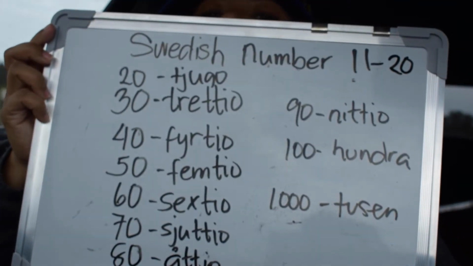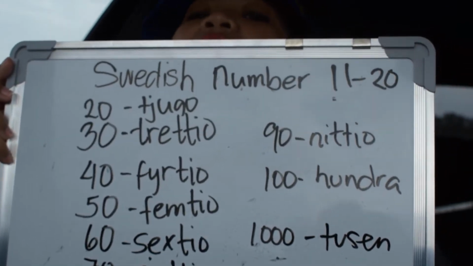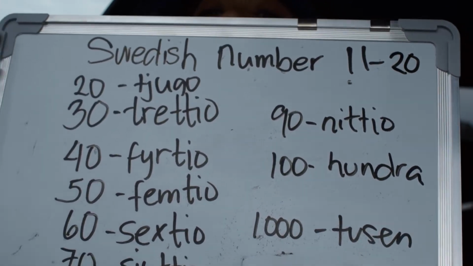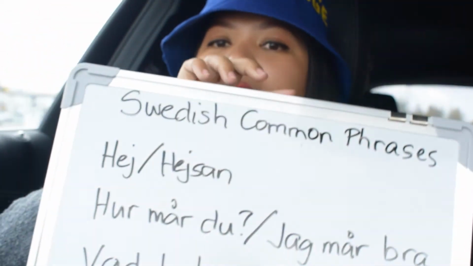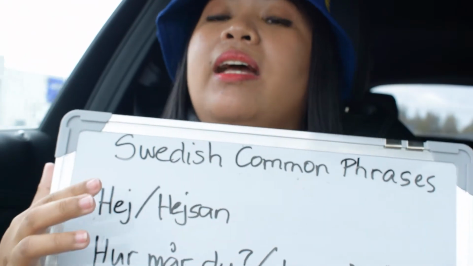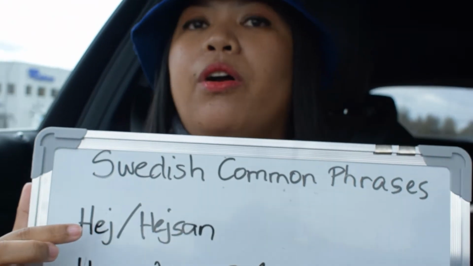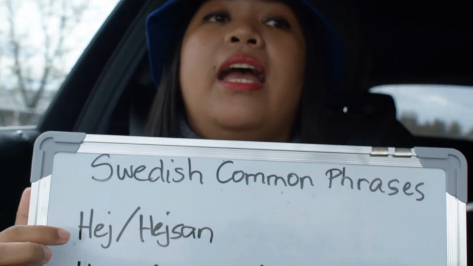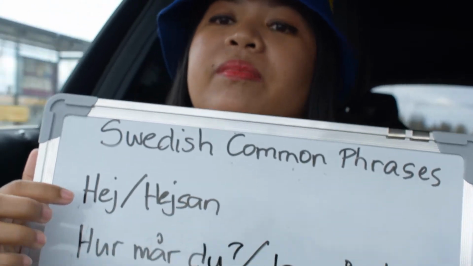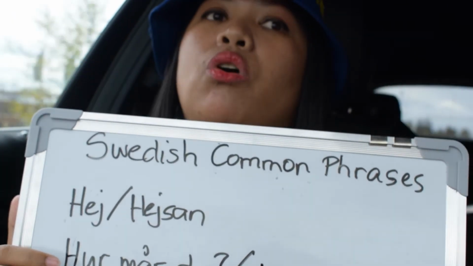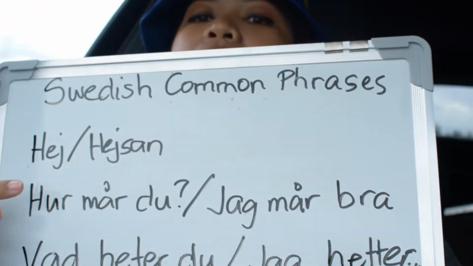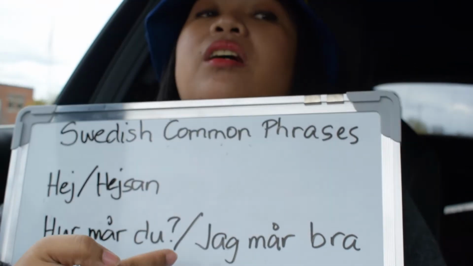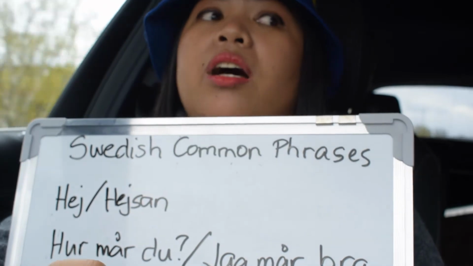If you can read here, some common phrases. When you greet somebody, hej or hejsan, this is hello in Swedish. Hur mår du? It's like how are you? And then you answer, jag mår bra.